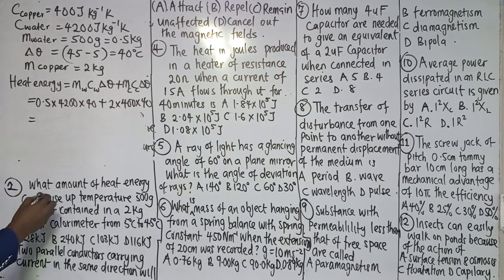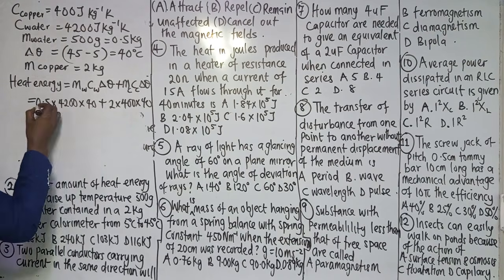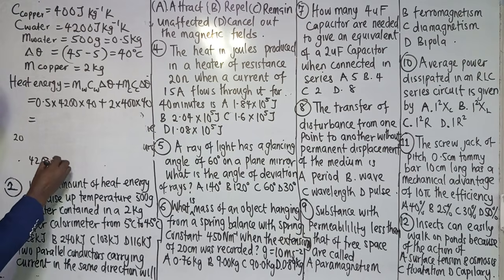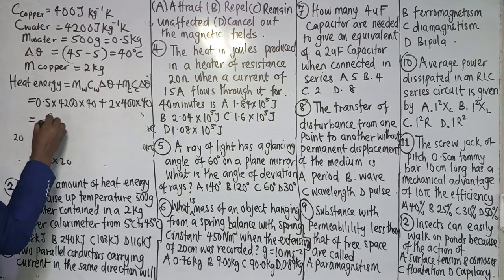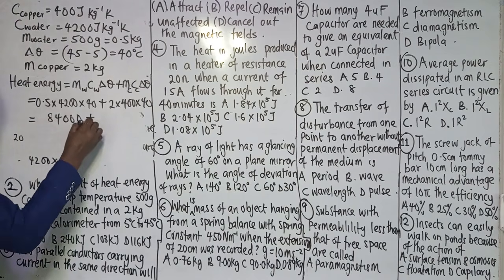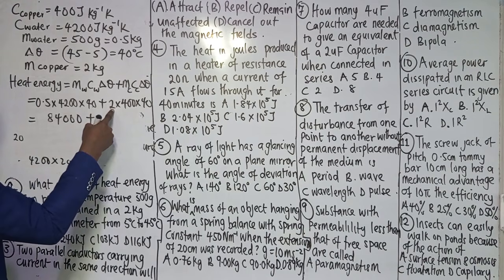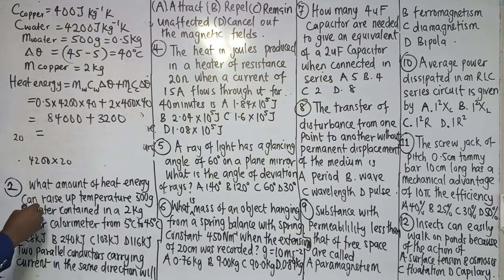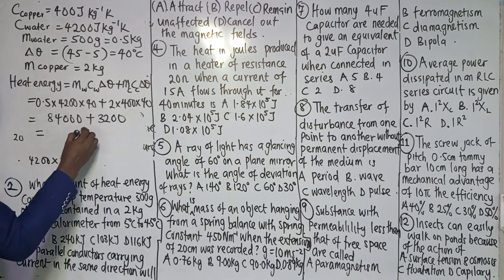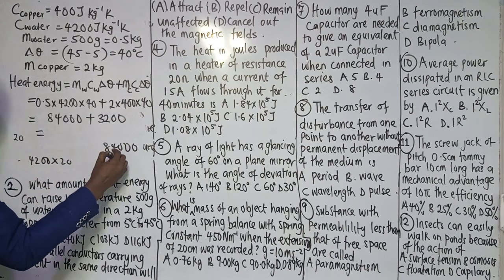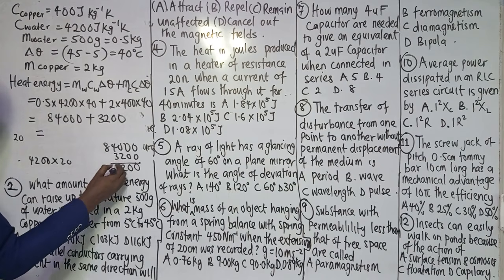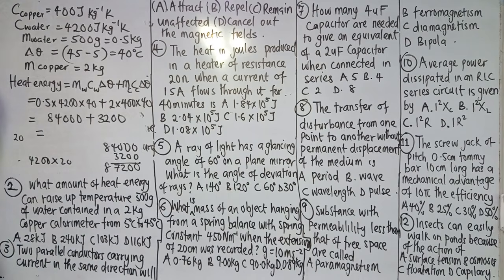We'll play with it. 0.5 times 40 gives us 20. 20 times 4200 will give us 84000. Plus 2 times 400 times 40, which is 32000. So we have 84000 plus 32000.